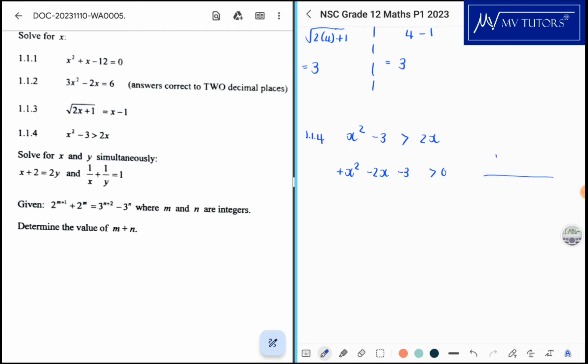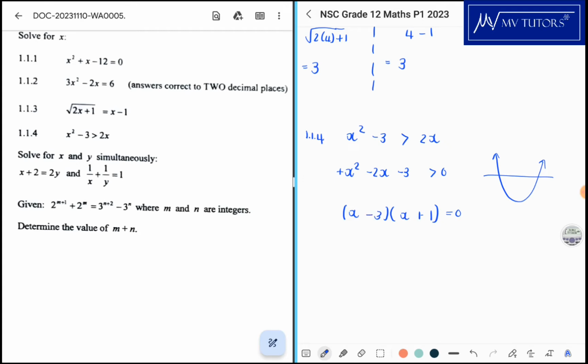So if you have your smiley face over there, let's just work out what the roots are. If you were to solve this quadratic equation, let's just see what the factors are going to be. So we have x, and the factors of 3 are 3 and 1.